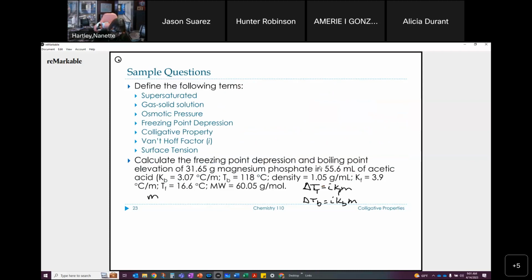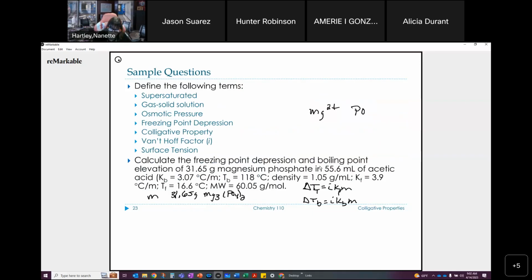And I need that for the 31.65 grams of Mg2PO4. No, sorry, Mg3(PO4)2. And again, that's because my Mg, being a group 2 metal, was a 2+.